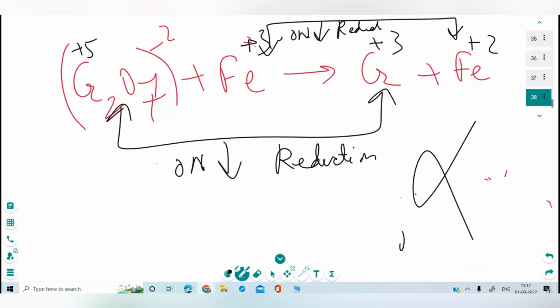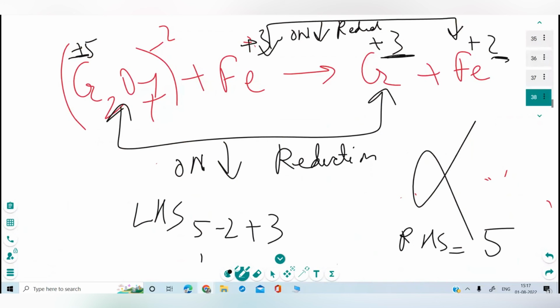Second, if you see on the right hand side, what are the charges? 3 plus 2, 5. On the left hand side, what are the charges? 5 minus 2 plus 3. So 8 minus 2, which is 6. So 6 and 5 are not equal. That means, you were asking how do you check if they are balanced?